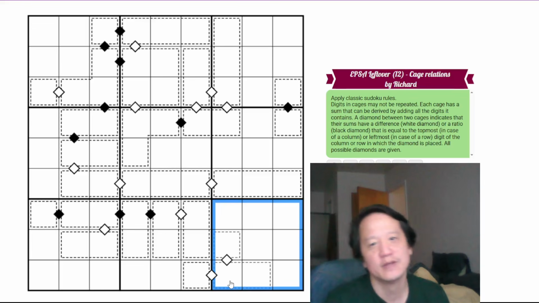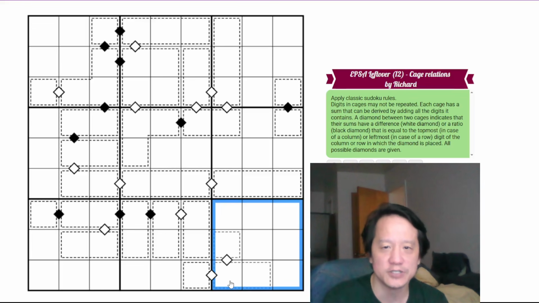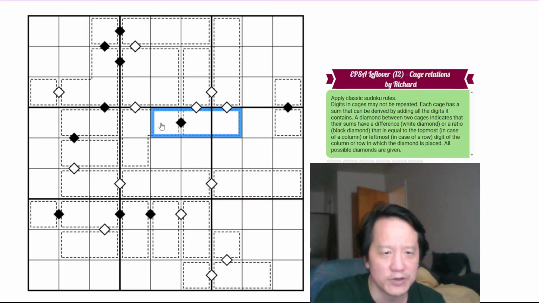There we go. Digits in cages may not be repeated. So that was already going to be the case because every cage is within the same box, row, or column.